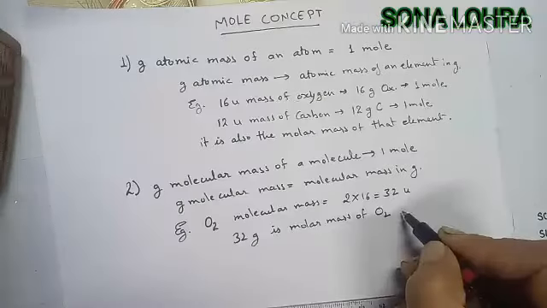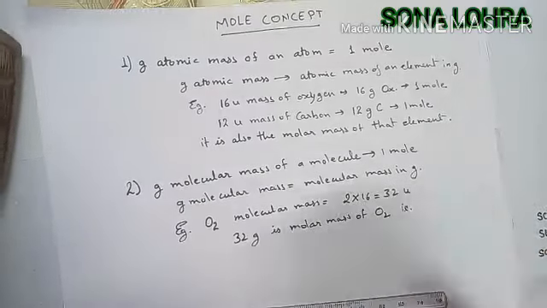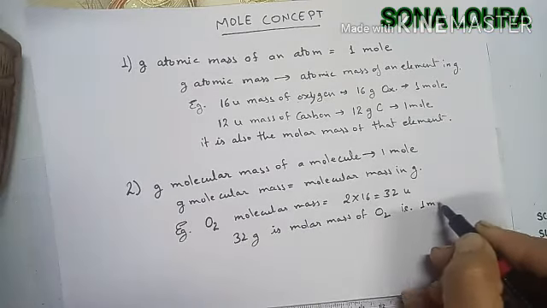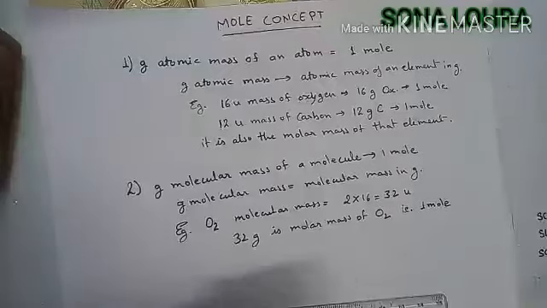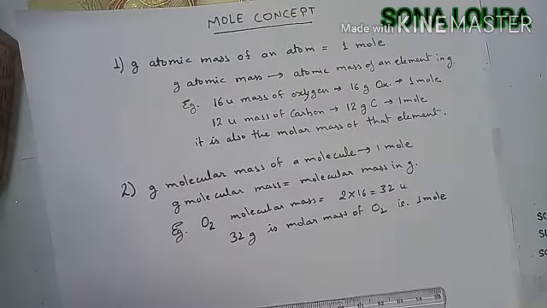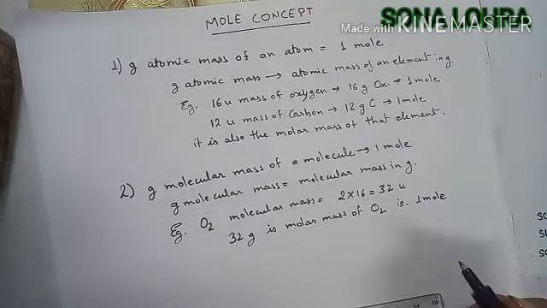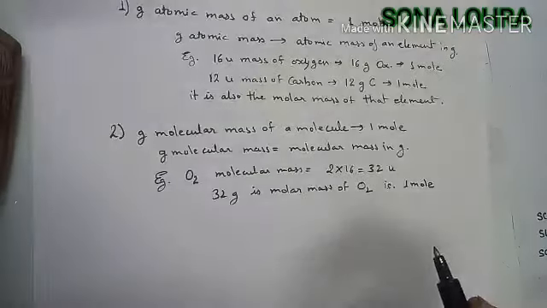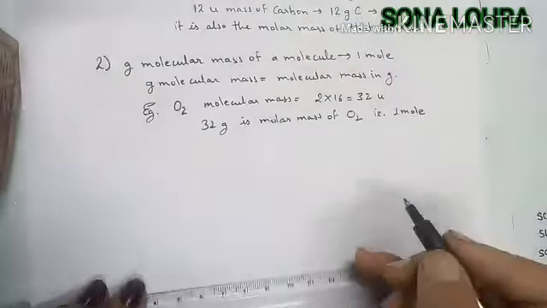If 32 grams of oxygen is taken, it is equal to 1 mole of oxygen molecule or oxygen gas. Similarly, if we want to take the example of hydrogen, we can say that 2 grams of hydrogen gas is equal to 1 mole of hydrogen gas.